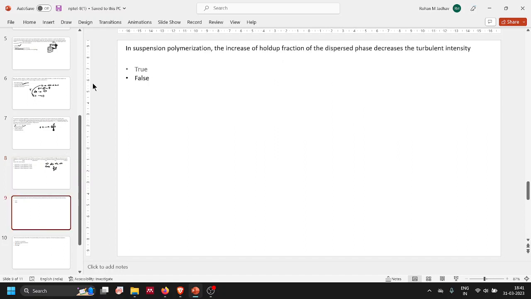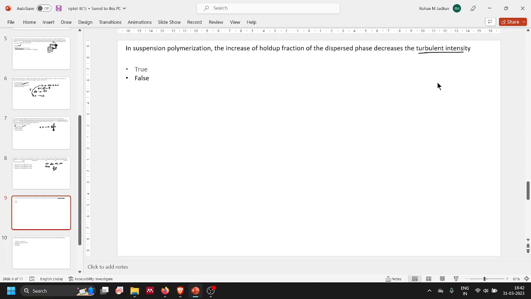Next question we have: in suspension polymerization, the increase of hold-up fraction of the dispersed phase decreases the turbulent intensity. In the suspension polymerization process, the hold-up fraction of the dispersed phase affects the turbulent intensity. Since the hold-up fraction is increasing, the dispersed phase is increasing.